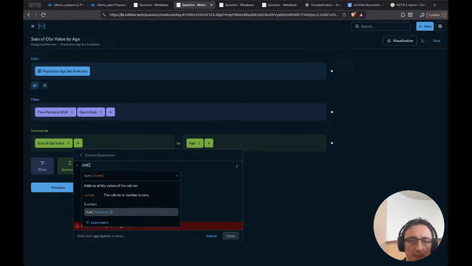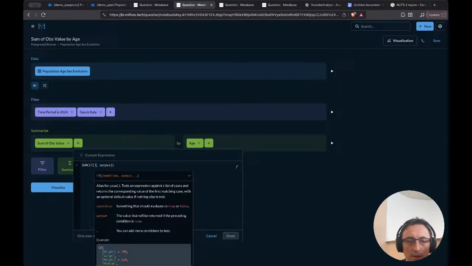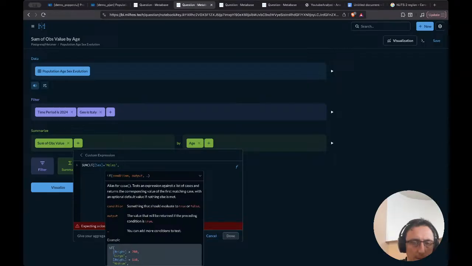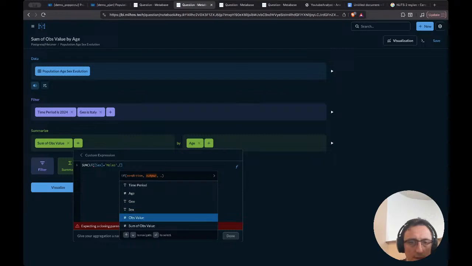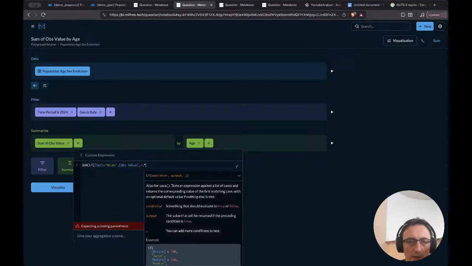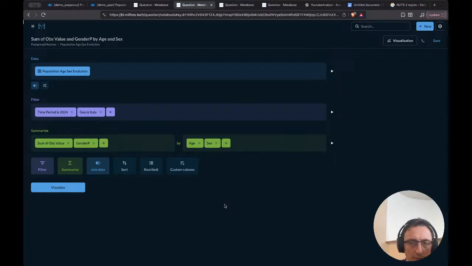Sum, if sex equals males, we sum the ops value, else minus 1 times ops value. Here we will have also the sex.